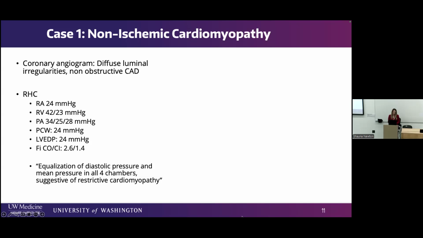There was a comment in the outside hospital report that she has equalization of diastolic pressures and mean pressures in all 4 chambers, suggesting a restrictive cardiomyopathy. Just one caution when interpreting these values, this patient also had a moderate-sized pericardial effusion, so we should be considering different diagnoses as well. So she ends up getting transferred to University of Washington.